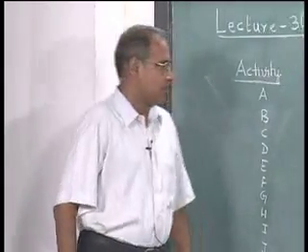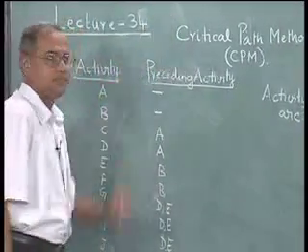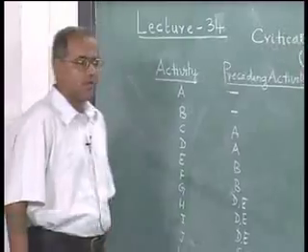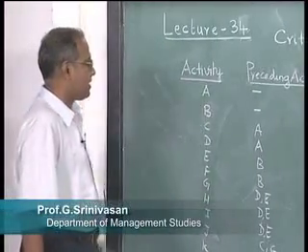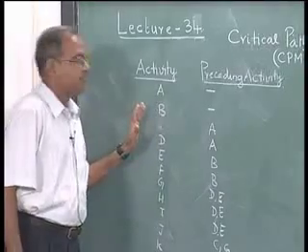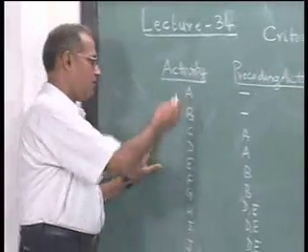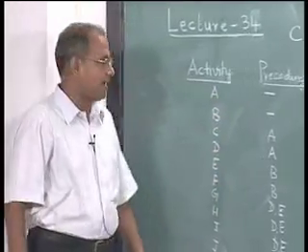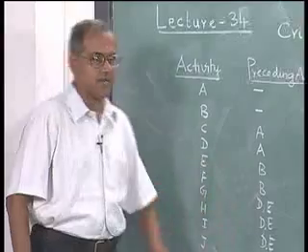In this lecture, we continue our discussion on the critical path method. In the previous lecture, we introduced the critical path problem on the network by considering this example. The project network comprises a set of activities, and there are some precedence relationships among these activities.